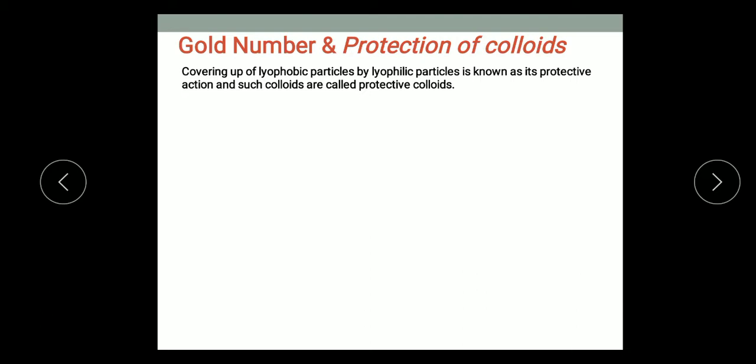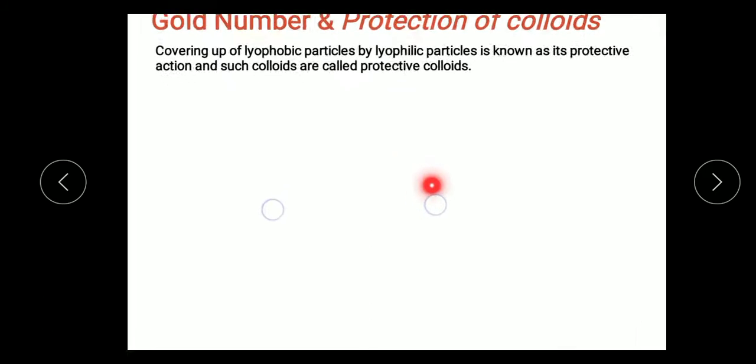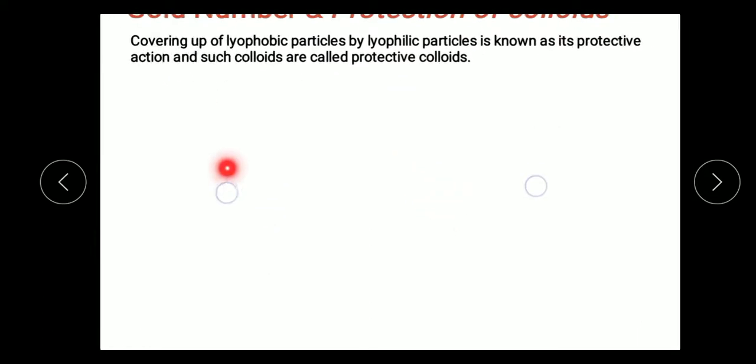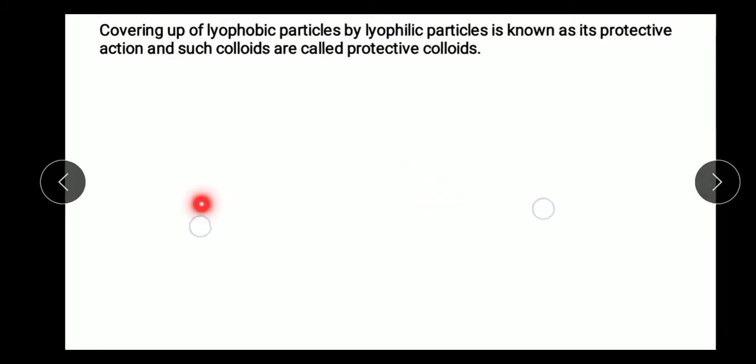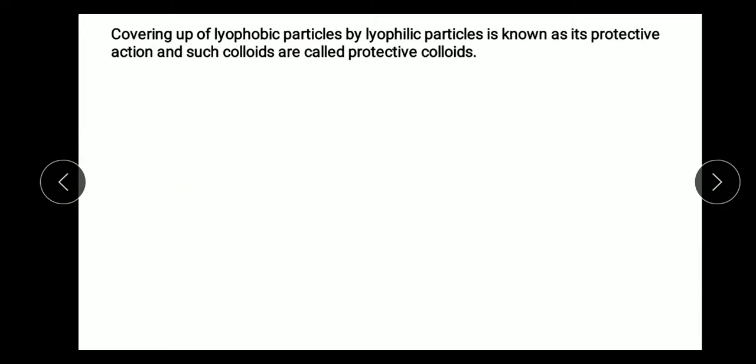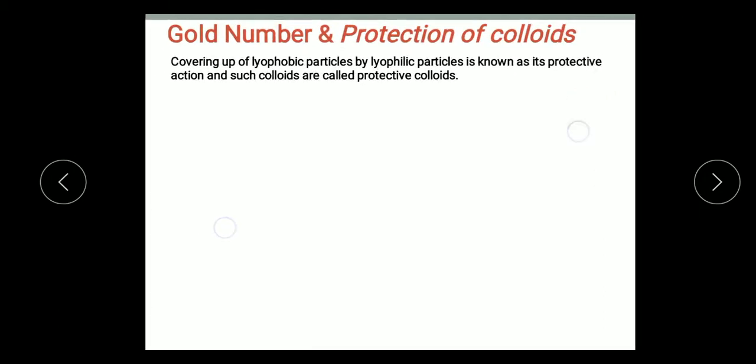This action is known as protection of colloid. So covering up of lyophobic particles by lyophilic particles is known as protective action, and such colloids are called protective colloids. And the gold number is the way to express the protection power of a protective colloid.